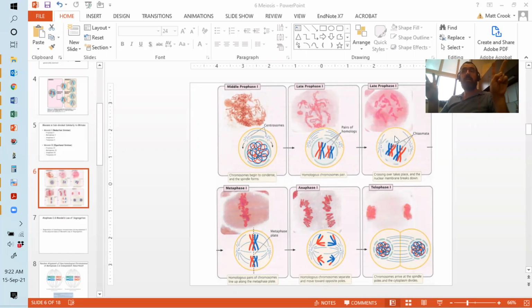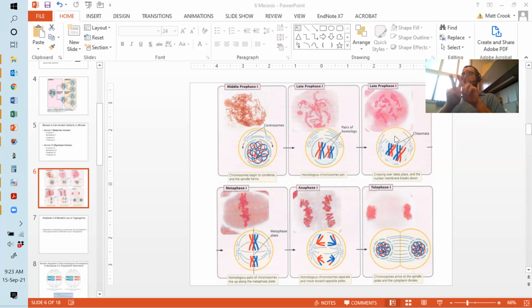But you don't want that to happen until everything's lined up on the metaphase plate and you get the go-ahead from the anaphase promoting complex. It's really important that that doesn't happen. Otherwise, as we've talked about before, you have aneuploidy, where one gamete will have one too many and the other one will have one too few chromosomes, which is generally disastrous. Not always, but in most cases.